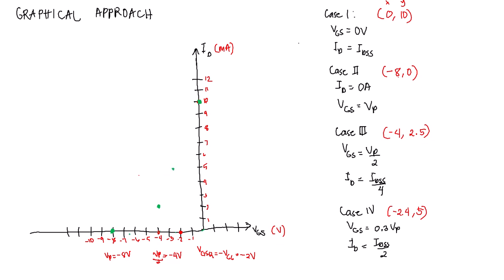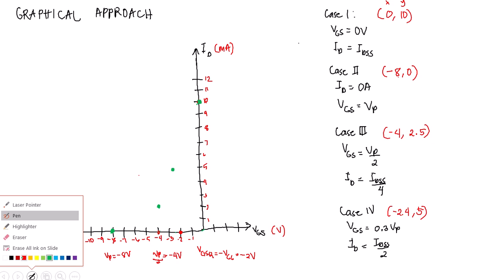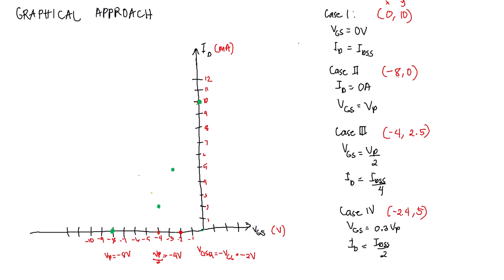So our transfer characteristic curve will most likely look like this. Maybe I'll switch again to this orange to draw the characteristic curve.